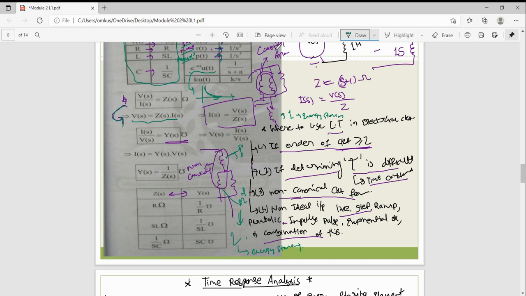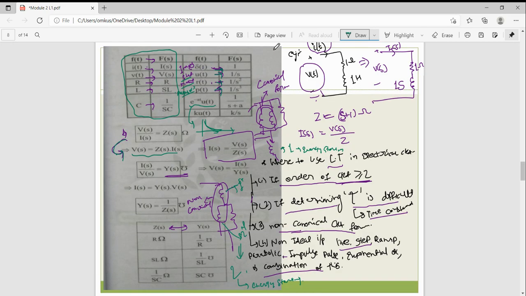Now see this circuit which I represent here, this is nothing but a canonical form circuit, because you can combine these two inductors into a single inductor. So only one energy storing element is present in this circuit. Such types of circuit are called canonical form circuits.